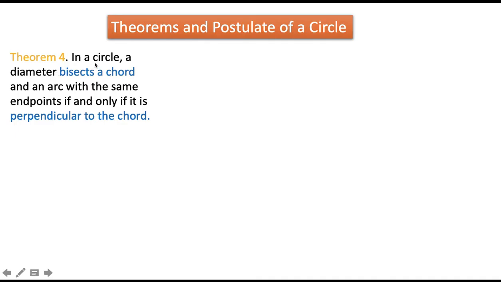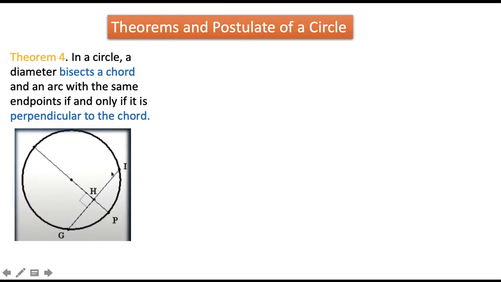Theorem number 4 states that in a circle, a diameter bisects a chord and an arc with the same endpoints if and only if it is perpendicular to the chord. So in our given diagram here, we have a diameter PH and a chord IG. Since this diameter HP intersects chord IG at a 90-degree angle, it forms a perpendicular intersection.